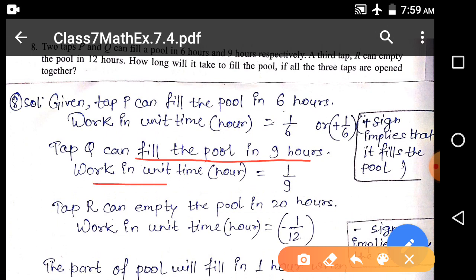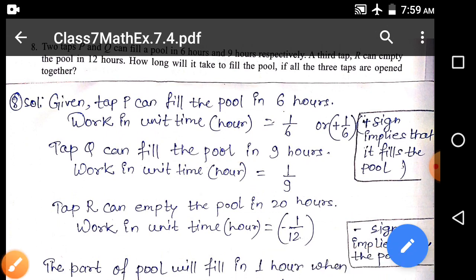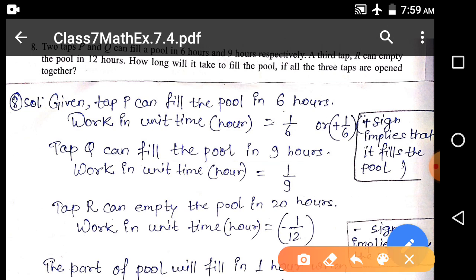So work done per unit hour is 1 by 9. This is the work done in 1 hour. That means, in simple words, in 1 hour P can fill 1 by 6 part of the pool, whereas in 1 hour Q can fill 1 by 9 part of the pool when they work singly.